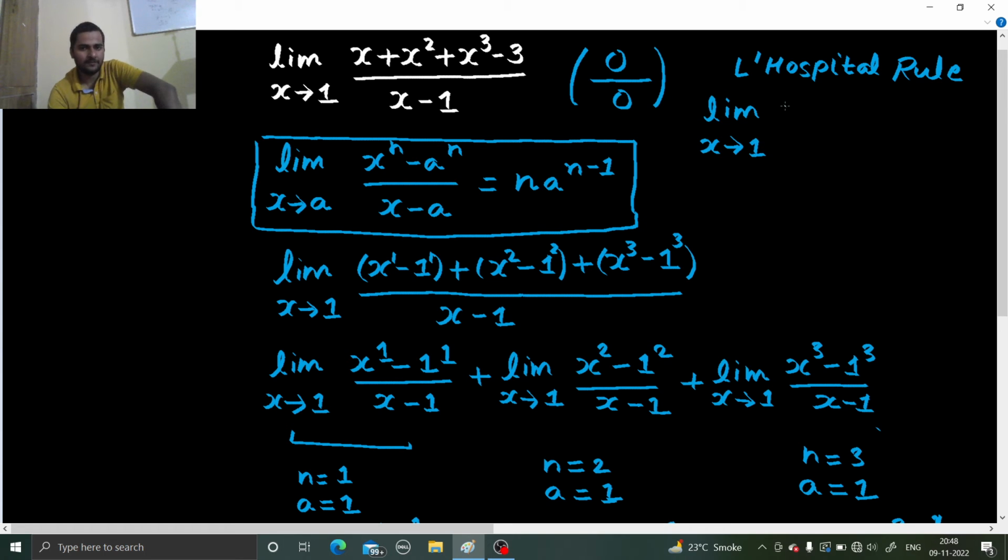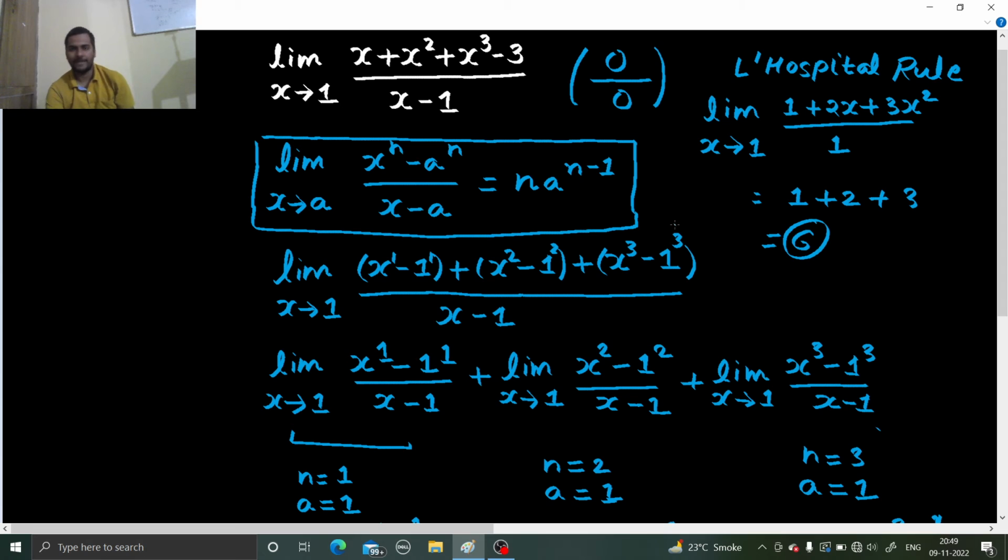So derivative of x is 1, derivative of x square is 2x, derivative of x cube is 3x square, and derivative of minus 3 is 0. Derivative of x is 1, derivative of minus 1 is 0. Now if you try to put 1, there will be absolutely no problem. So you will get 1 plus 2 plus 3. You will get 6 from there also. So you might find that easier.